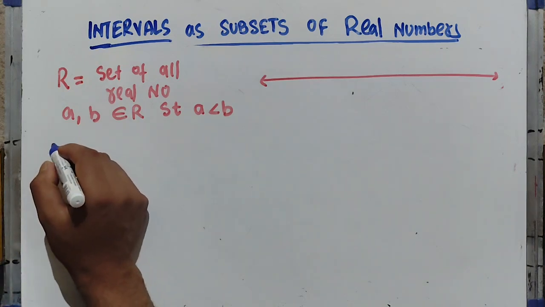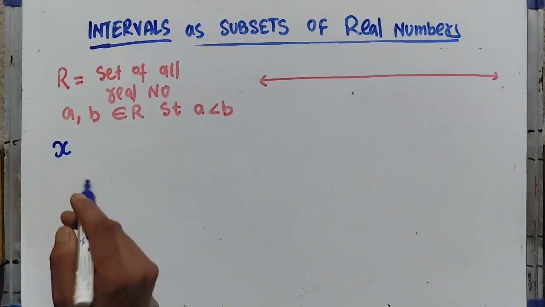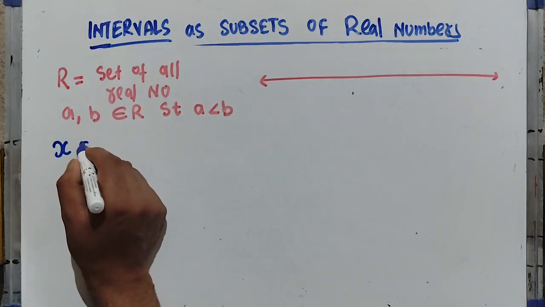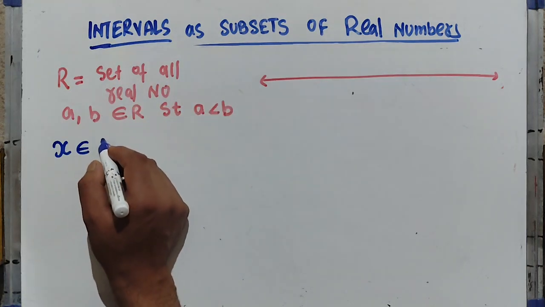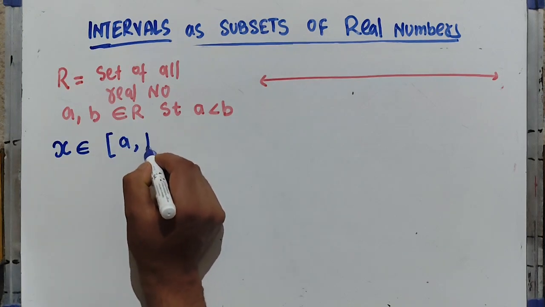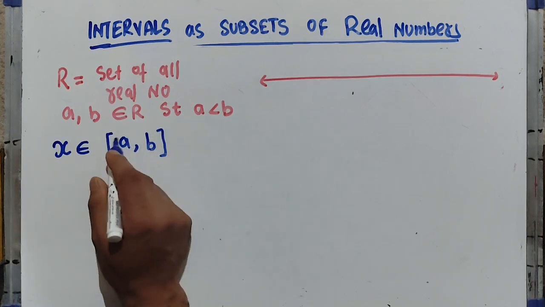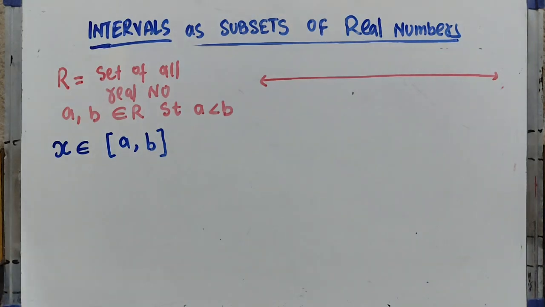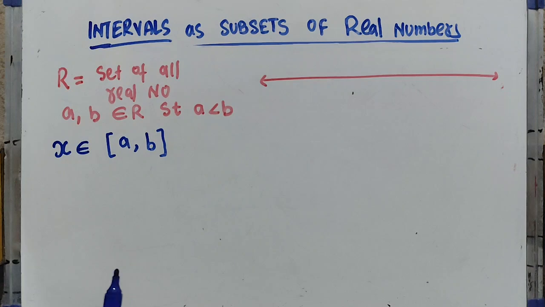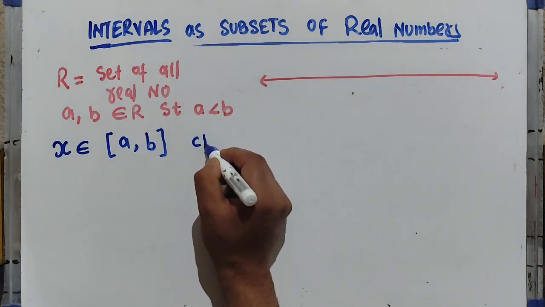Let us suppose x belongs to [a, b]. We call this a closed interval. When we take square brackets, we say it is a closed interval.